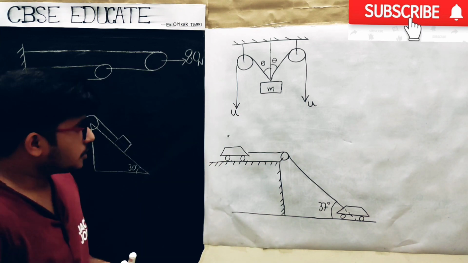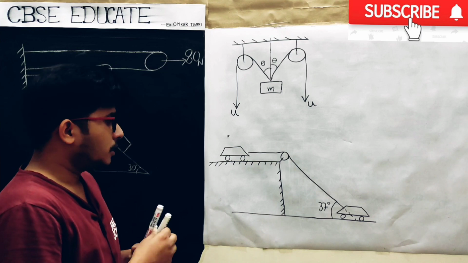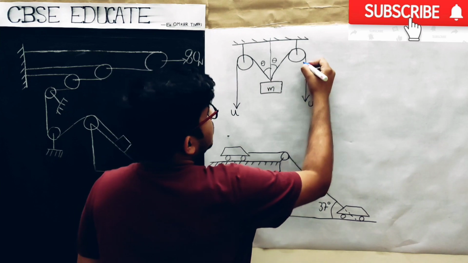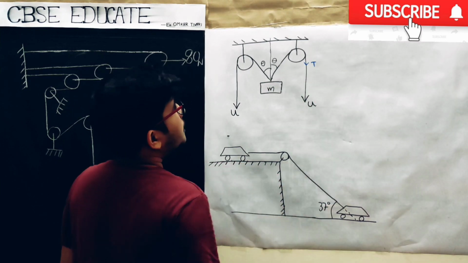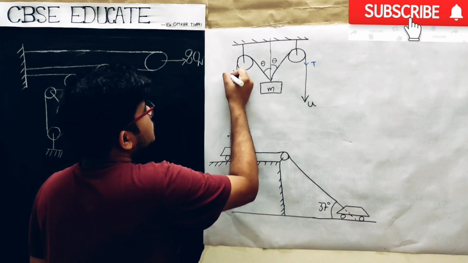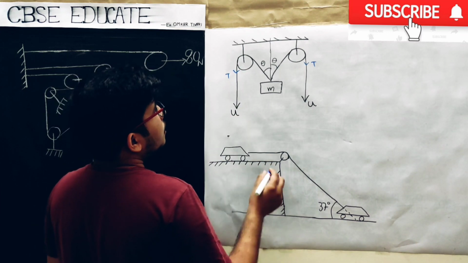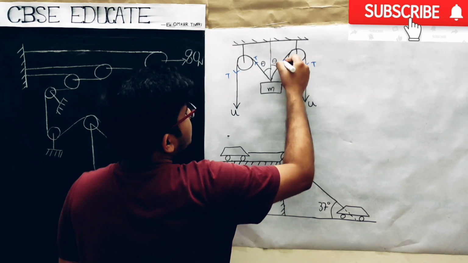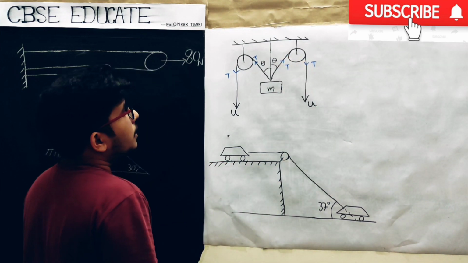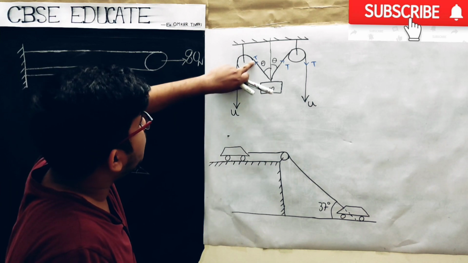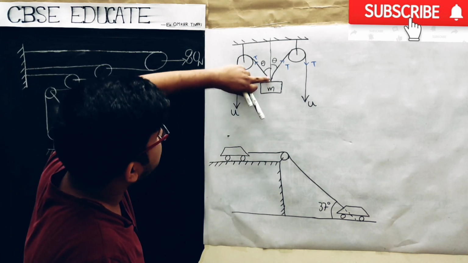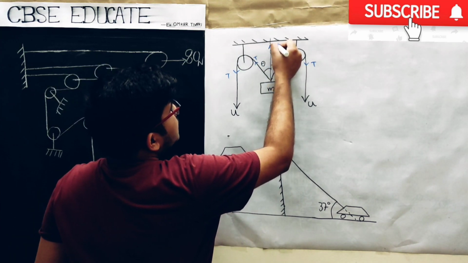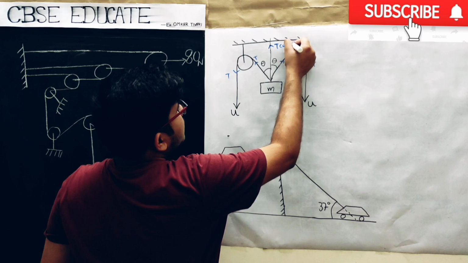See, first of all you have to distribute the tension first. Here is T, here is T. Now, see, here will also be T and here will also be T. Now, taking the component of this T over this line, it will be T cos theta.